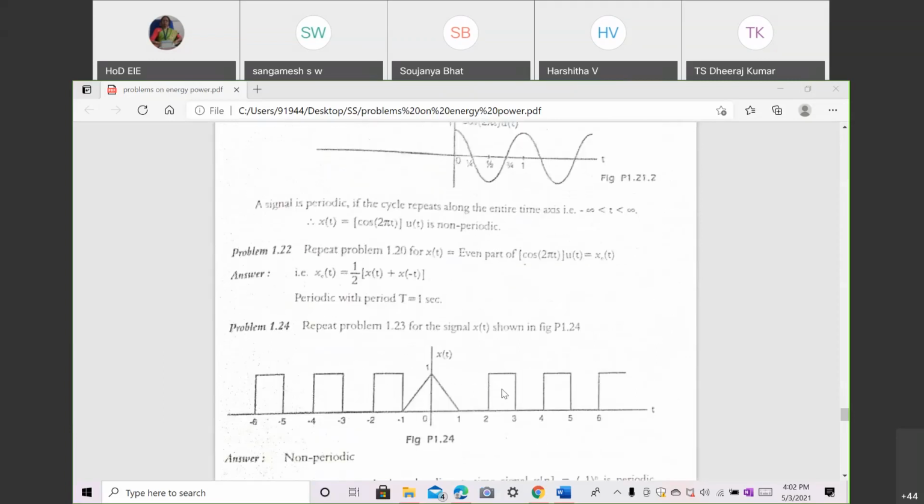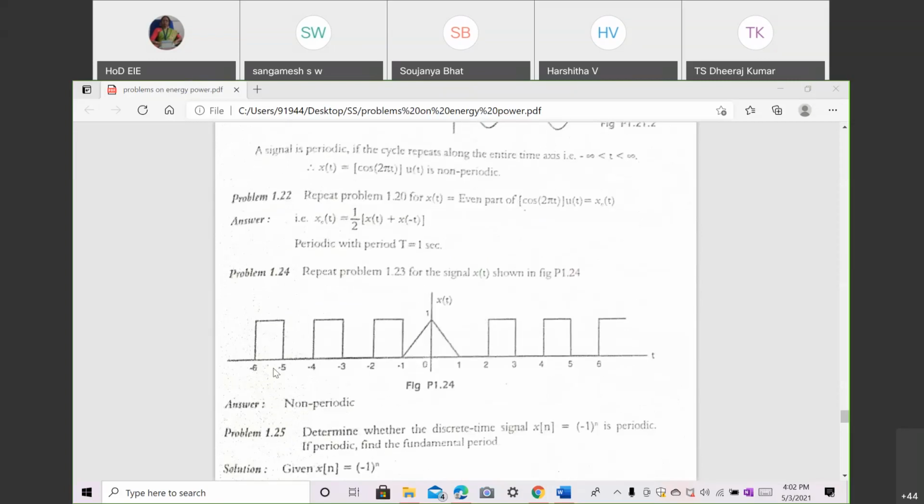Like that, we have to understand what equation they have given. Is there any term like u of t or an impulse function, delta of t? In that case, the output waveform will change.